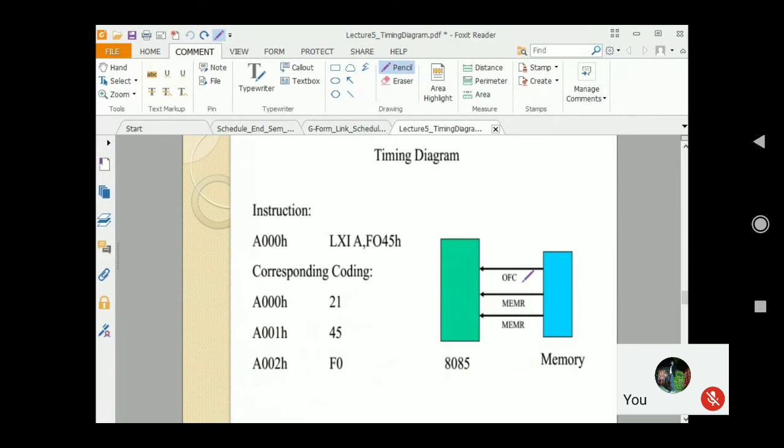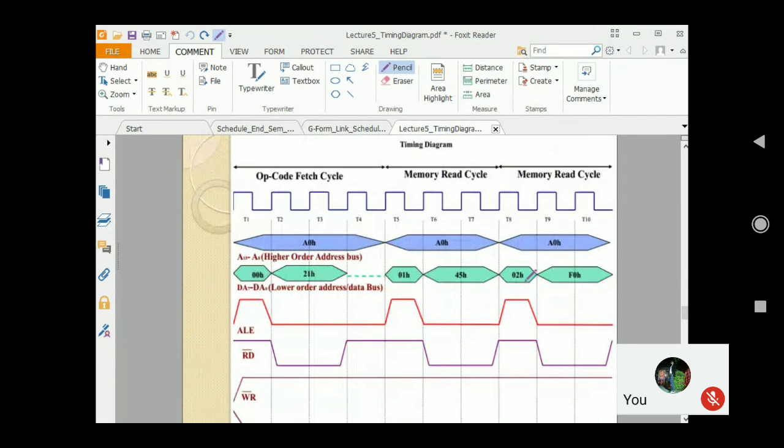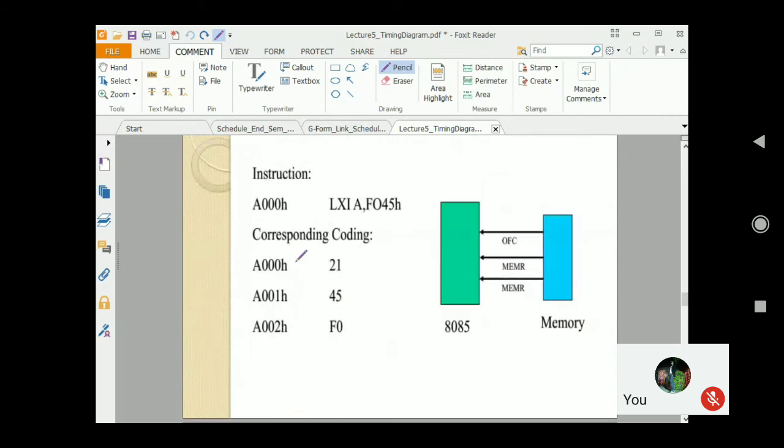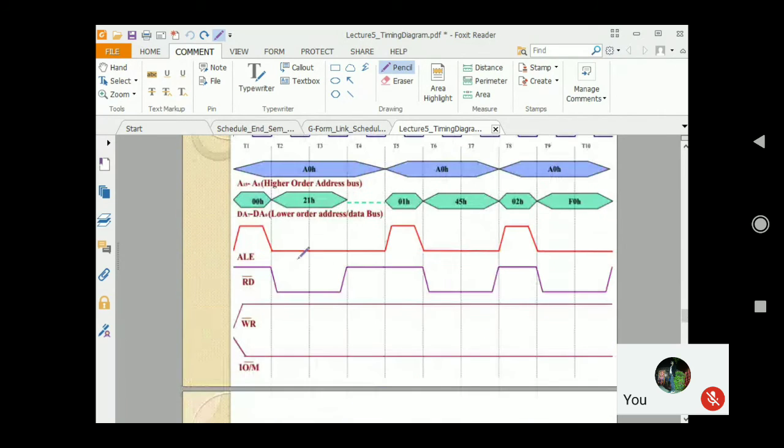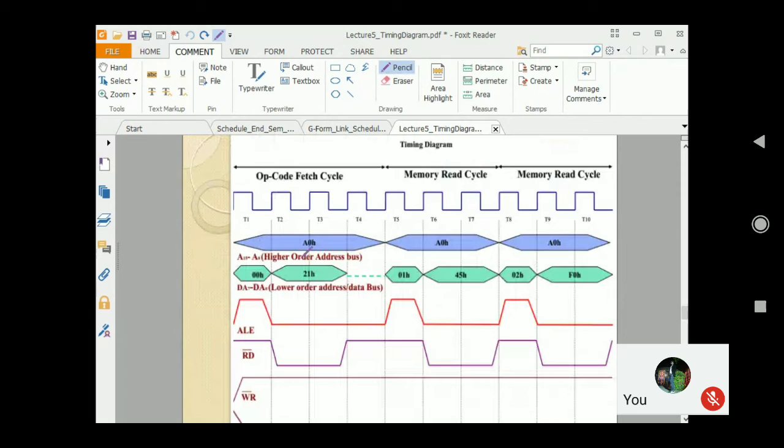So the first is for the opcode at A000. When the opcode is loaded, RD bar is low here. For decoding that opcode, it stays high since no read is happening.